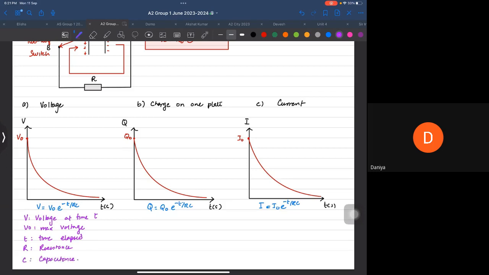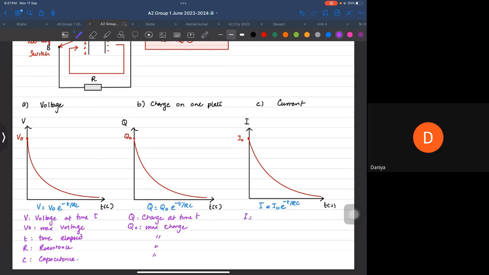So this would be it. For the other ones, it is the same. Q is the charge at time t. Q naught is the maximum charge, and the rest of the things are the same.